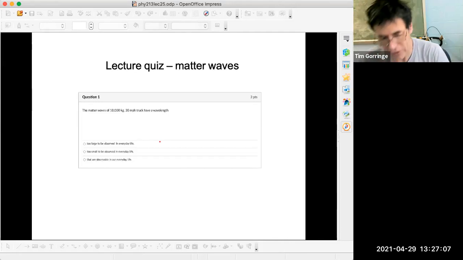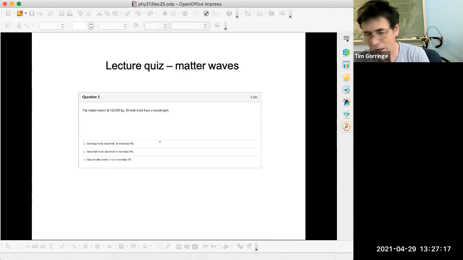So this is a question about matter waves, about the wavelength of matter waves. We're asked to think about the wavelength of the matter waves of a fast-moving heavy truck. Now look, a fast-moving heavy truck has a lot of momentum compared to, say, an electron in an atom. It's much heavier than the electron, so it has much more momentum.